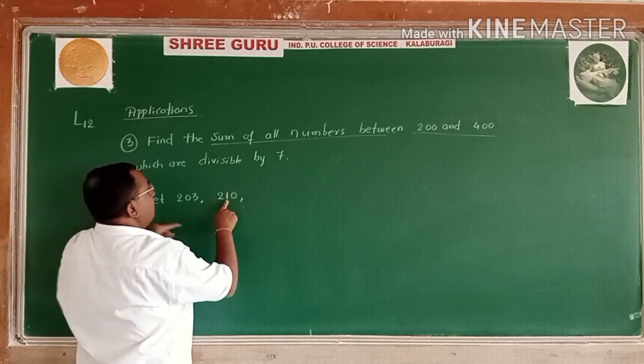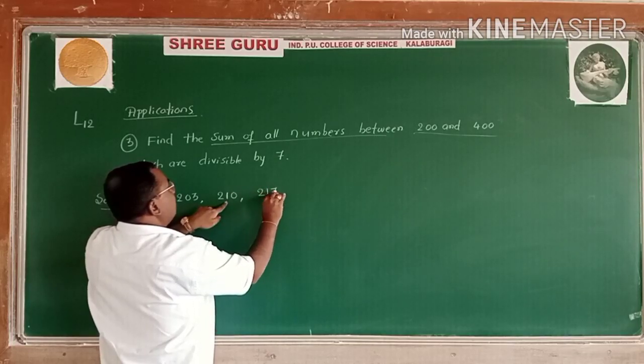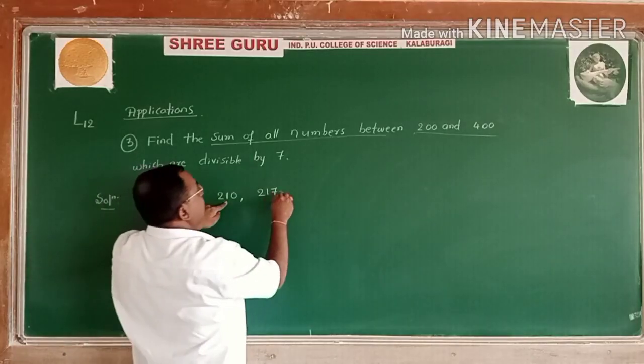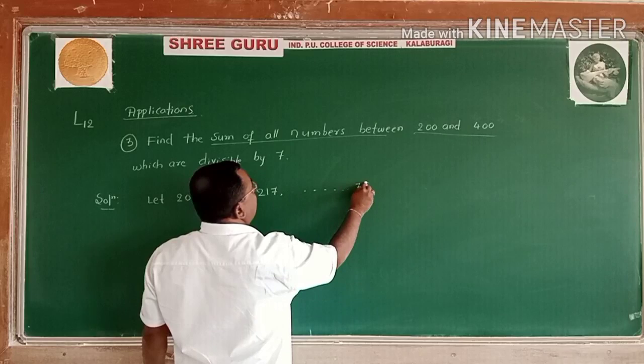Satisfied. Next, 217: 7 3s are 21, yes. Up to the last number, that is 399.